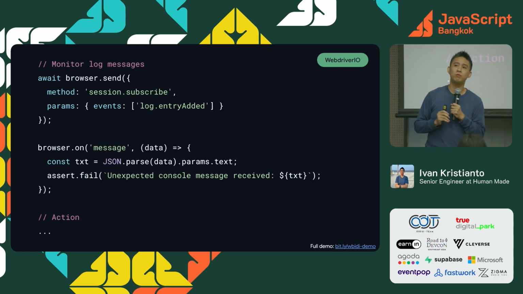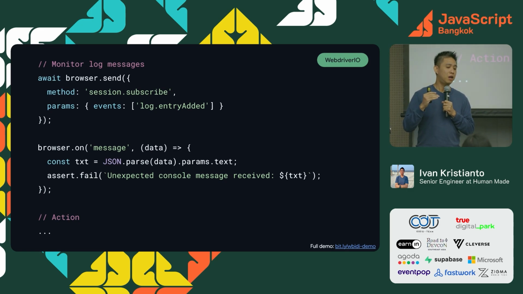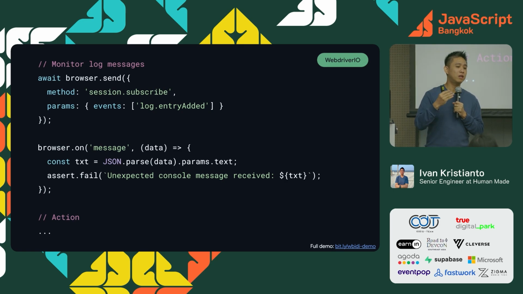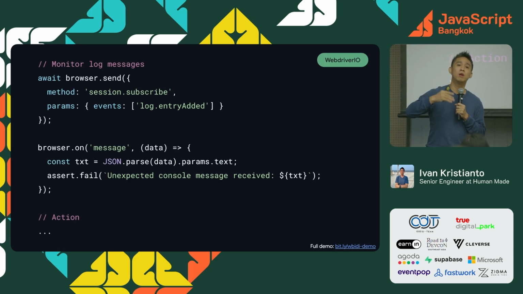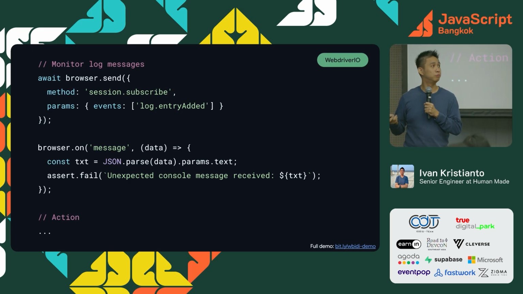This is useful if you want to test, to ensure that your app doesn't throw any JavaScript error, or you're expecting your application to throw an error, so you can make an assertion or test about it. Okay, so you can do this now with WebDriver BiDi using WebDriverIO. It's not possible in WebDriverIO version 8 and below. It's only possible on version 9 and above.